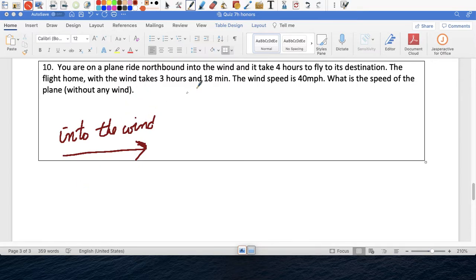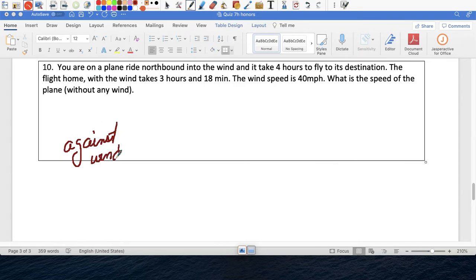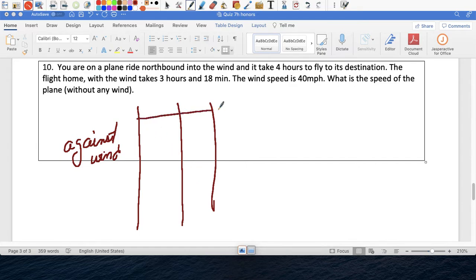So let's write this down. Instead of into the wind, let's write against the wind, I think it's better. So you're flying against the wind. R, T, and D. And with the wind.